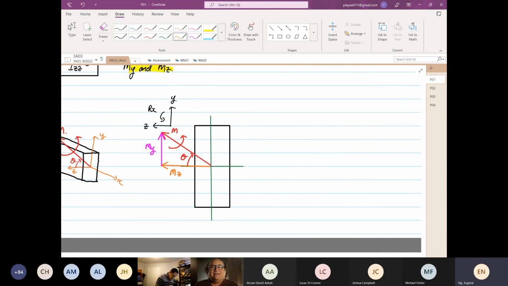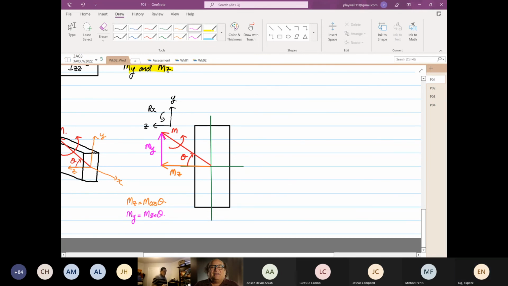So we have Mz is equal to M cos theta, and then you have My is equal to M sine theta.